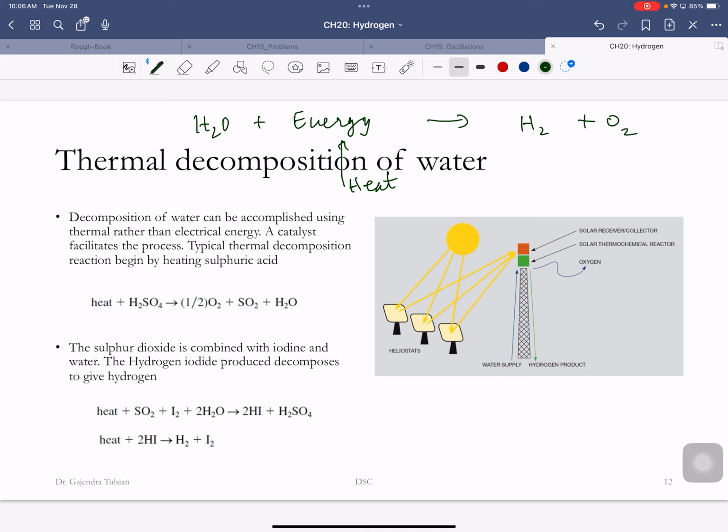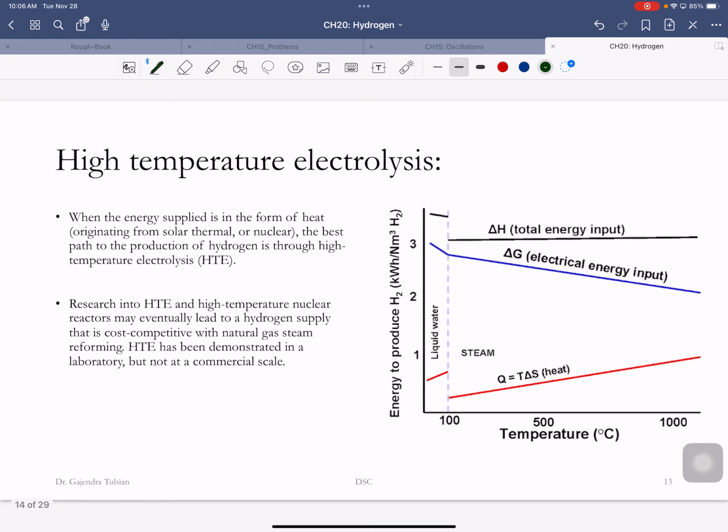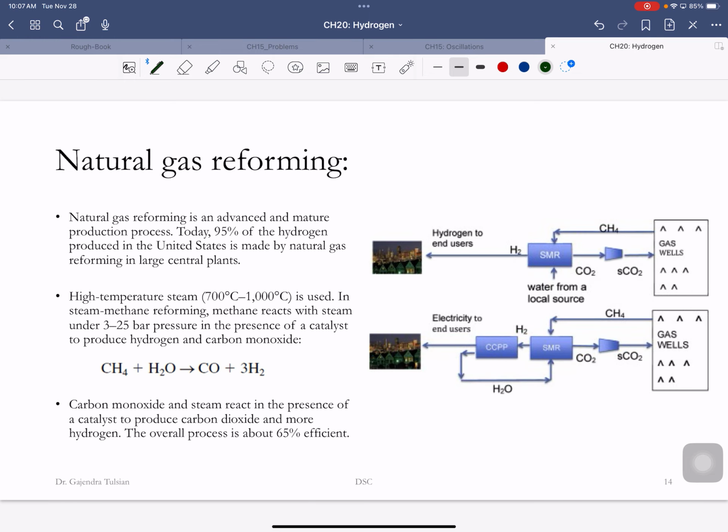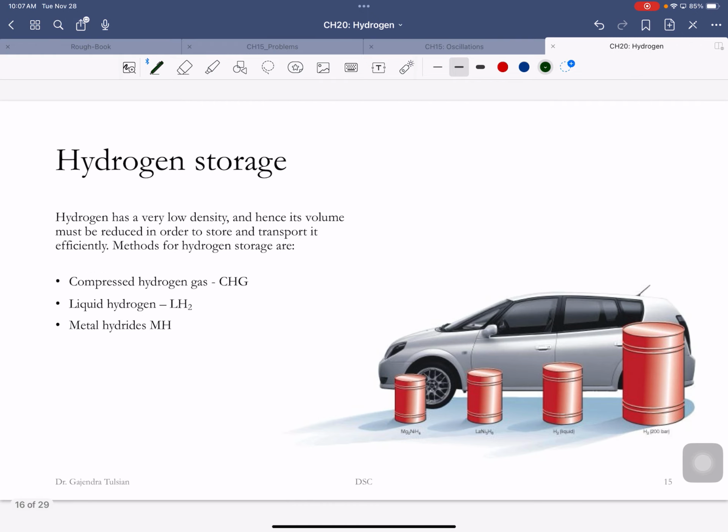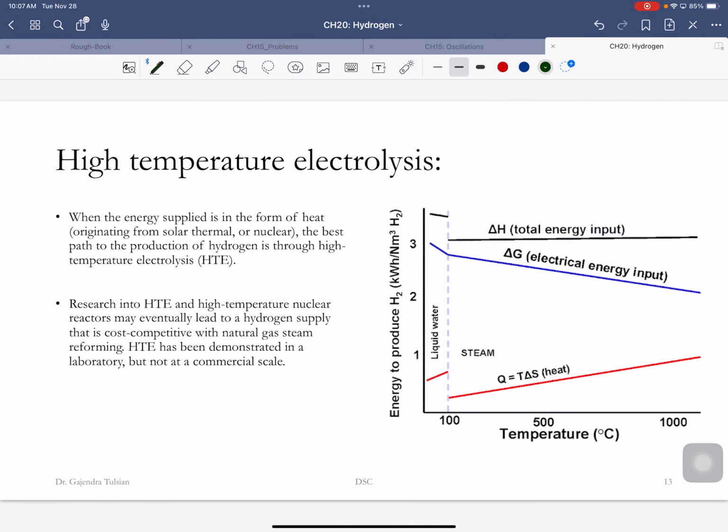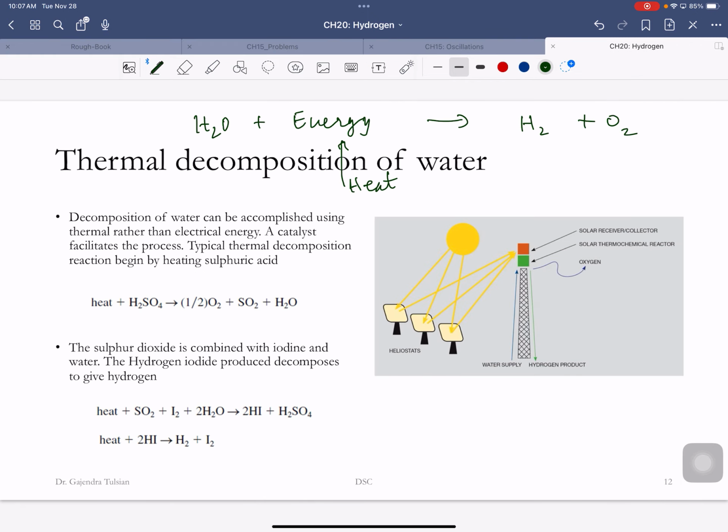Where's the heat going to come from? Well, in nuclear power plants, there's excess heat. Wherever there's excess heat, we're going to use heat to split water. So for instance, I believe at 2,500 degrees Celsius, water would just split and produce hydrogen.